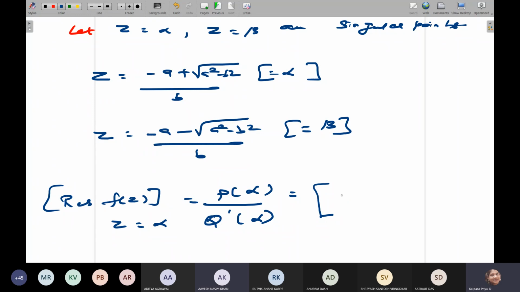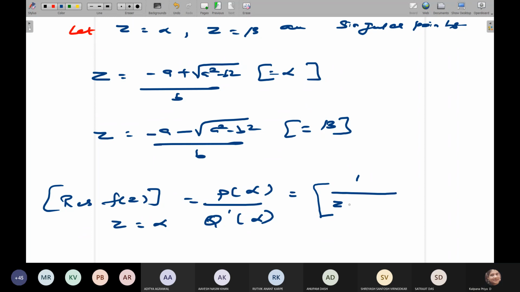So what is P of alpha? The function is 1 by z minus alpha into z minus beta. P of alpha, the numerator, is 1.